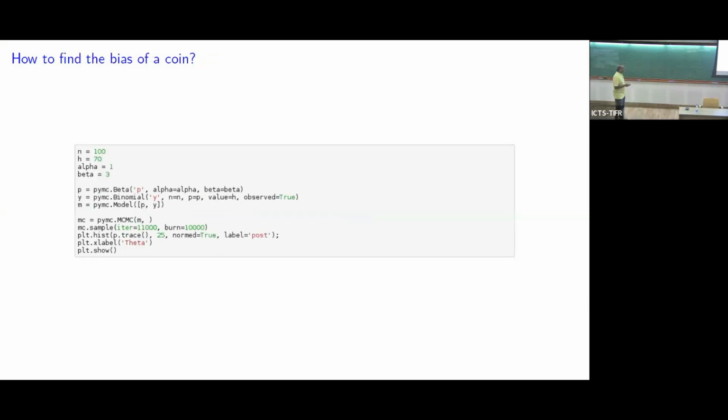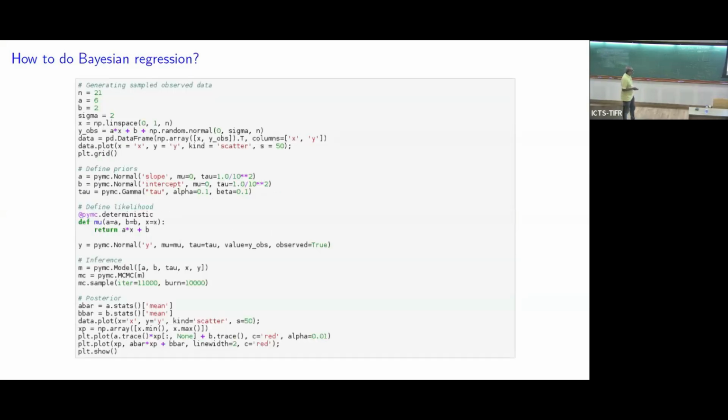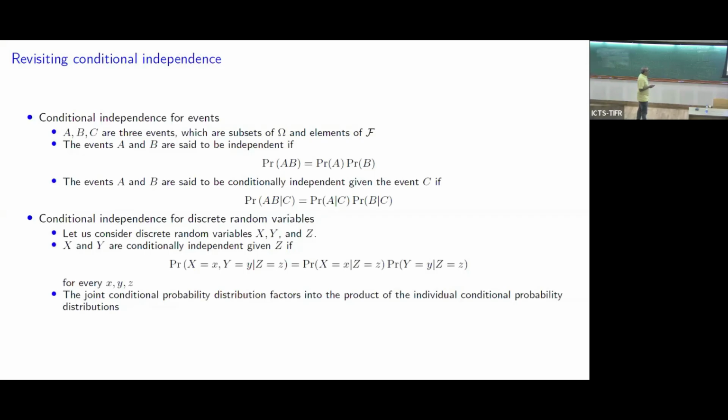You can extend it to other cases also, like Bayesian regression, whatever we showed, and all that. This is probably a good point to stop. We won't have time to get into MCMC in detail, but you can take away the point that MCMC is used to generate samples from this posterior distribution, which we are computing using Bayes rule. That's all.